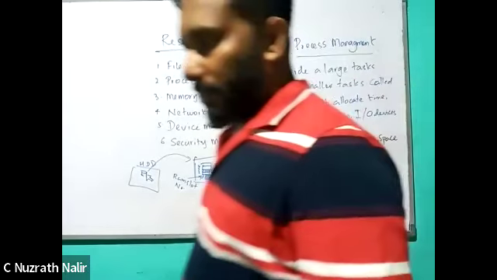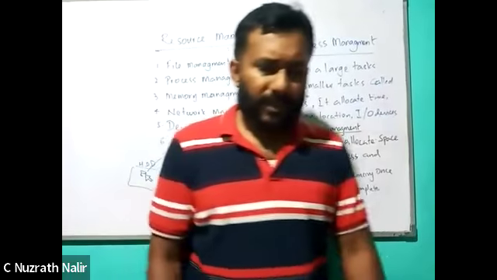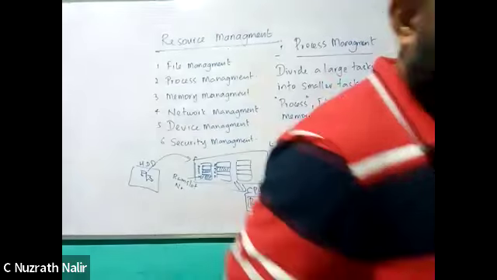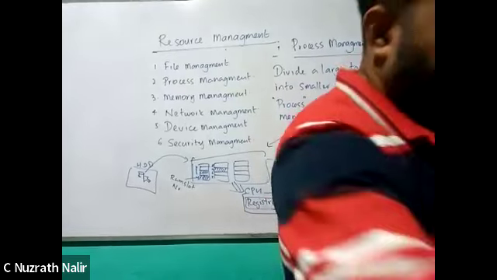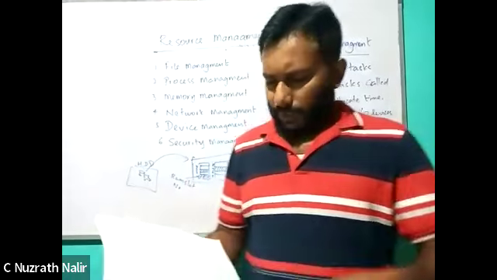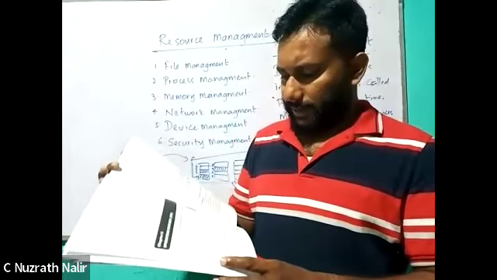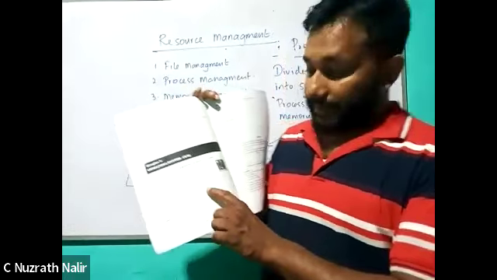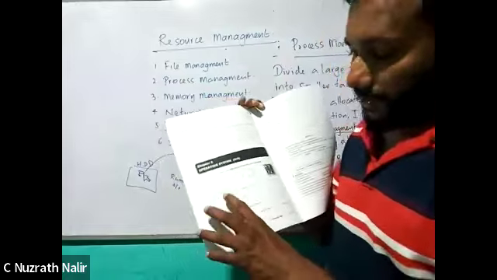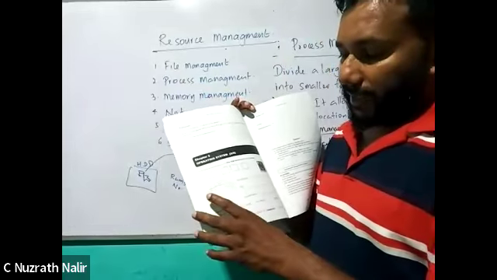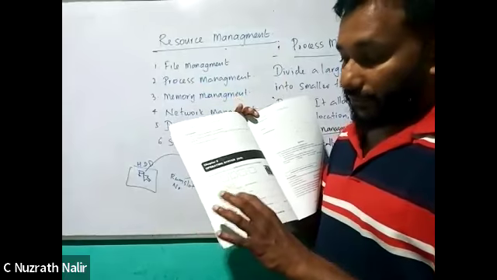Okay, my dear students, now you see this is a simple task about the operating system questions, and you can fulfill this. Software can be divided into system software and application software.